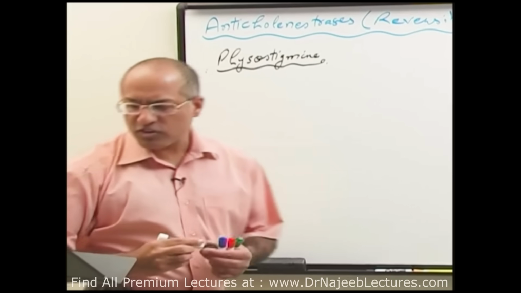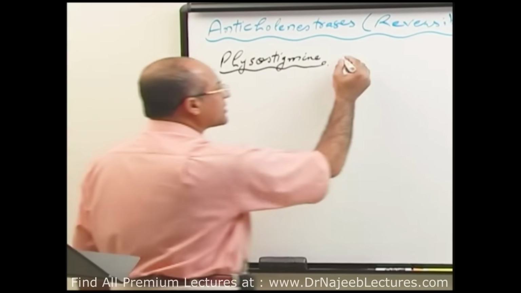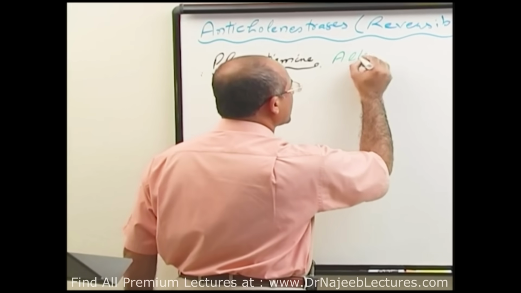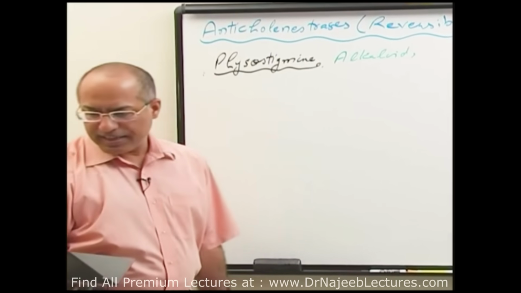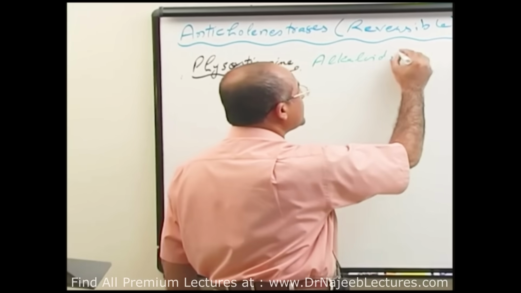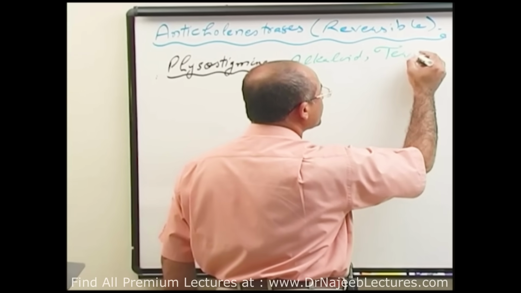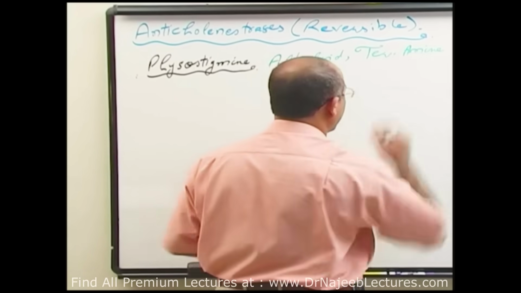Now, physostigmine is an alkaloid. It means it is derived from plant. This is number one thing, that it is an alkaloid, and so it is derived from the plant. Secondly, this is a tertiary amine. Its structure is tertiary amine.